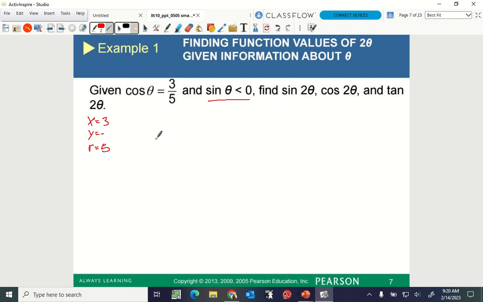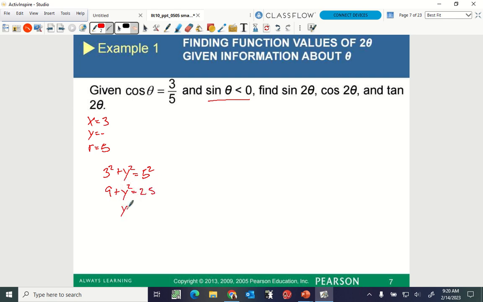So a little bit of Pythagorean theorem going on here. I'm going to have 3 squared plus y squared equals 5 squared. 9 plus y squared is 25.